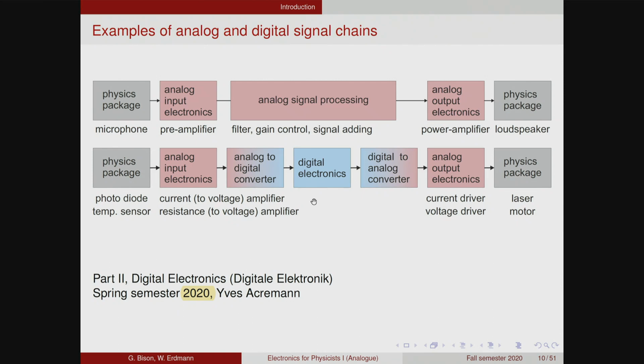There are some things you cannot do in analog, but everything you can do in analog, you can also simulate in digital. Except if you want to be really, really fast, then this might not be possible at any speed. Okay, anyway, this part here in the middle, the blue part, will be covered in part 2 of this lecture. And this will be in the spring semester, of course, not of 2020, but 2021.